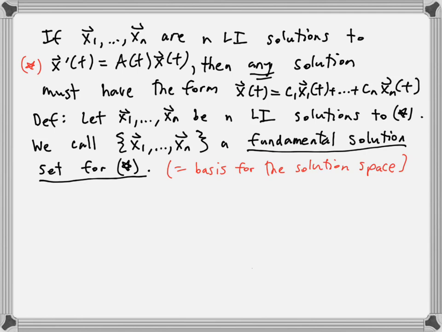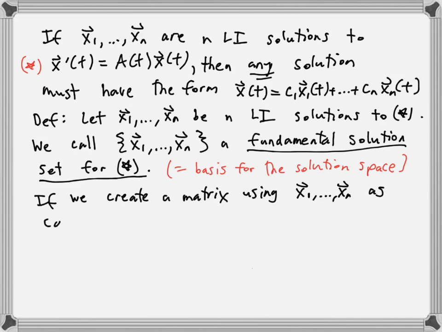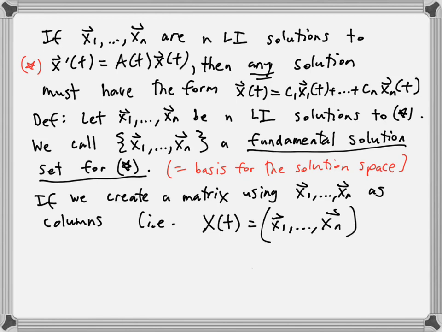Next, new definition. If we create a matrix using x1 to xn as columns, i.e., my notation is going to be X of t is going to be like that. These are all columns, so I will put dots there to remind you that these are columns.